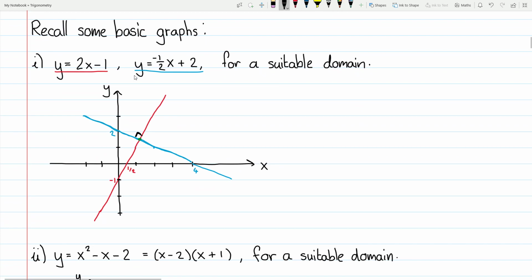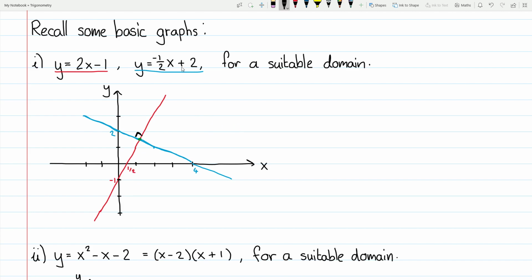Some functions which you guys should be familiar with. So for example, we have a function y equals 2x minus 1. Here the negative 1 describes how this line intersects the y-axis, and the 2 in front of the x describes the slope. So as you go along 1, you go up 2.